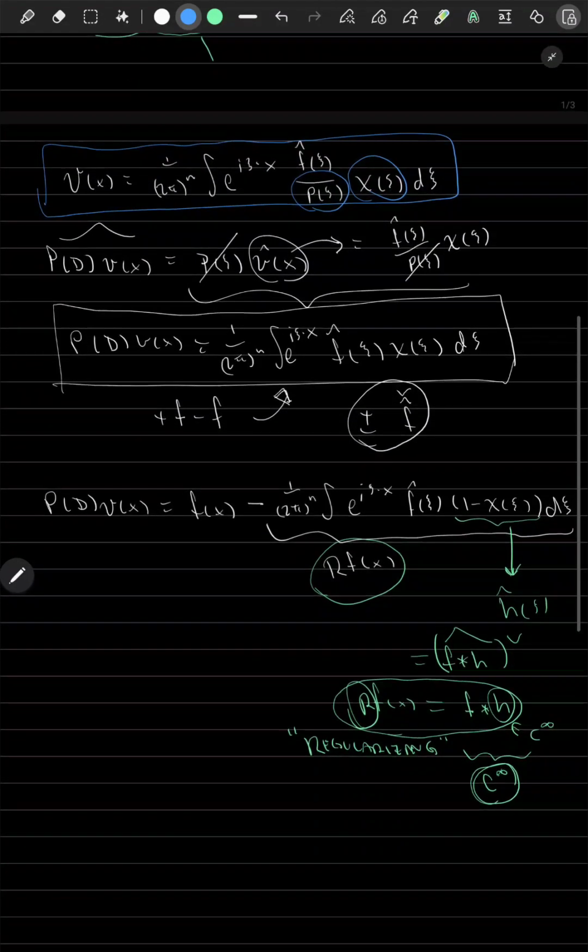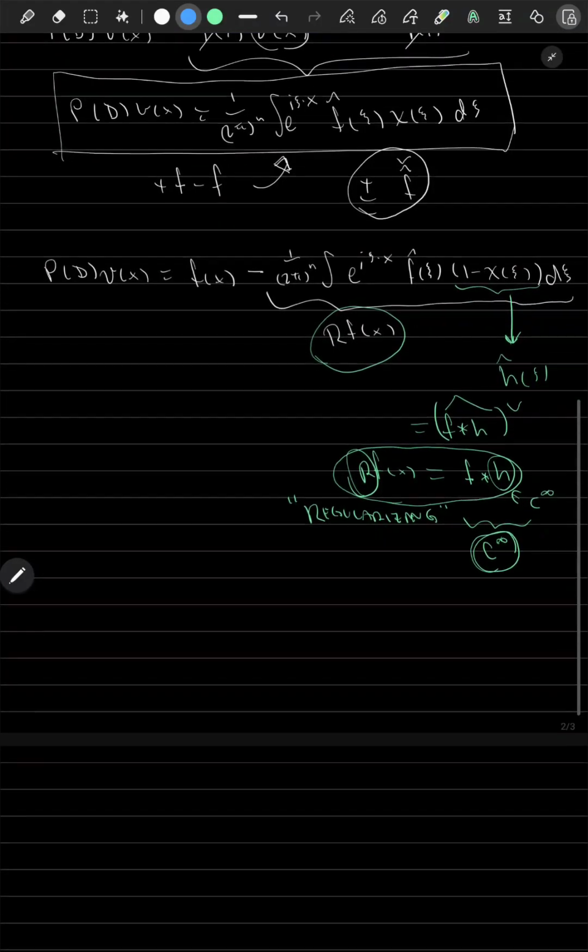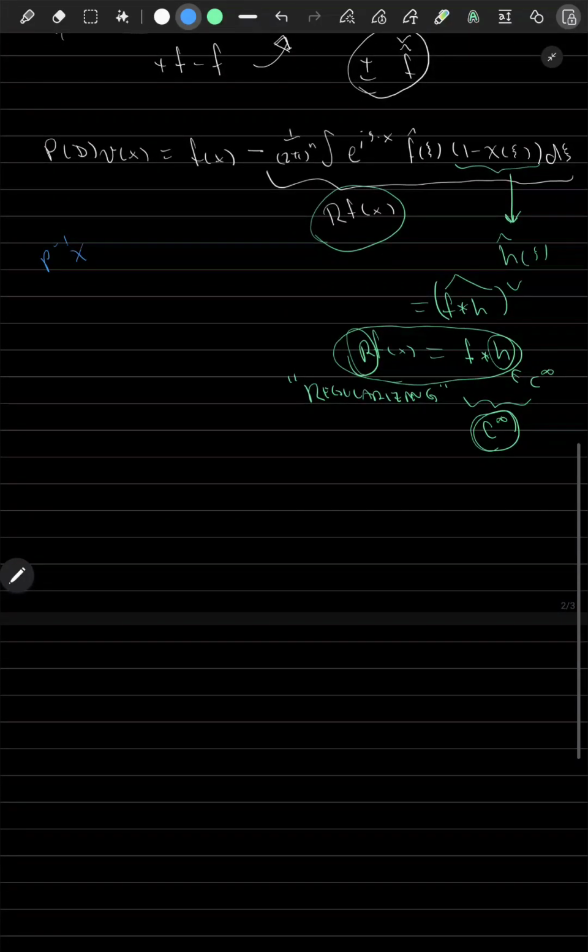So that means that this term over here, which is p to the minus 1 times chi, is going to look something like, let me do the graph down here. This is p minus 1 chi. So this is going to be 0, of course, within the smaller ball because of chi.